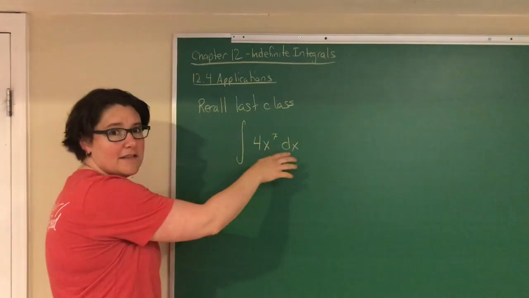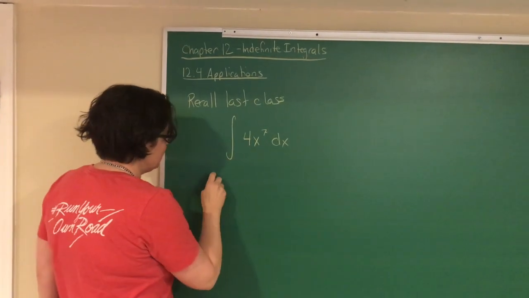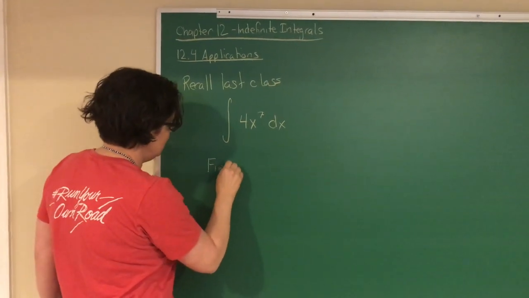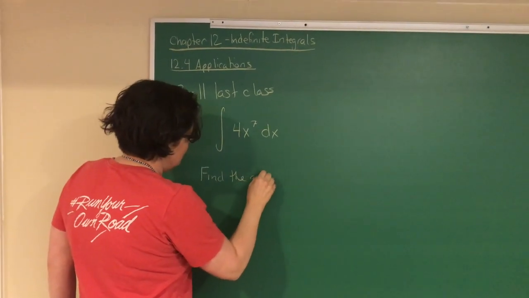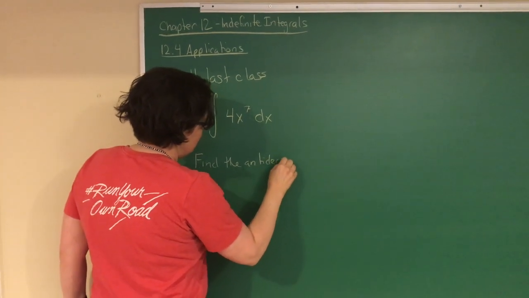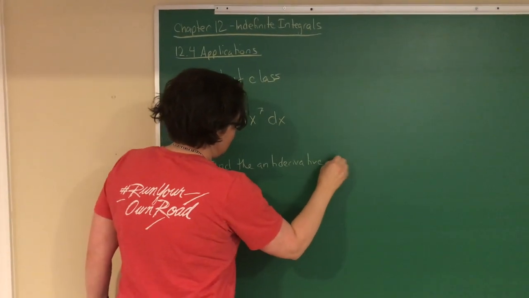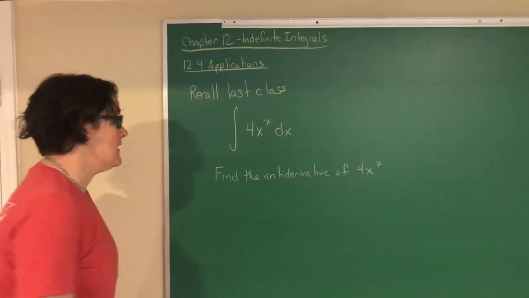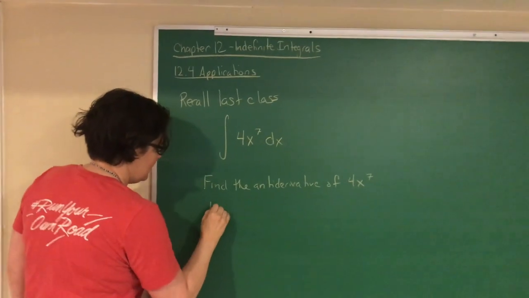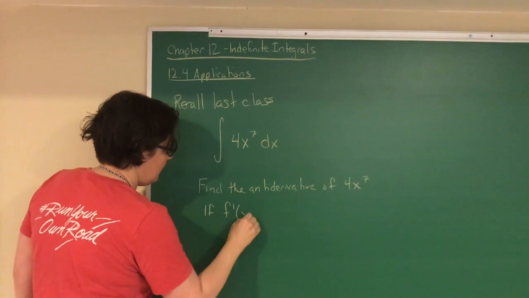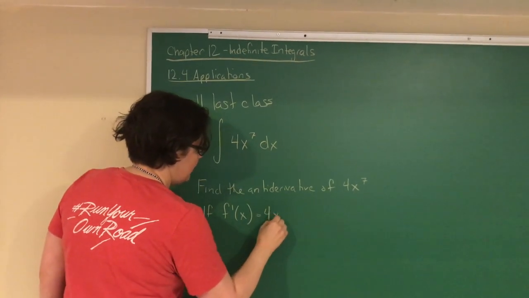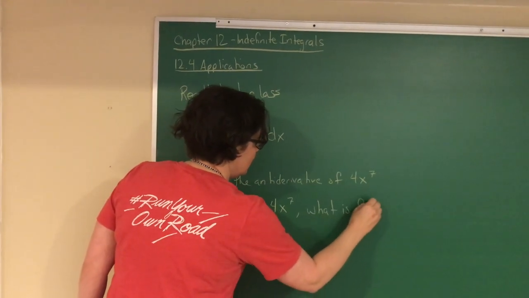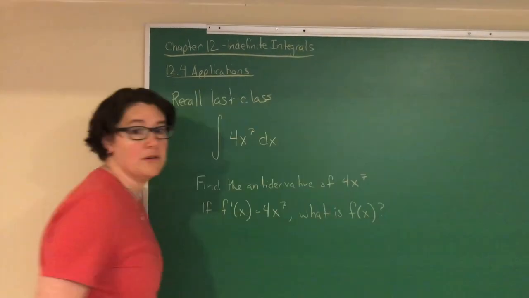And what this expression, which is an indefinite integral, says is find the antiderivative of 4x to the 7th. Another way to say that is, if the derivative is 4x to the 7, what is the original function?